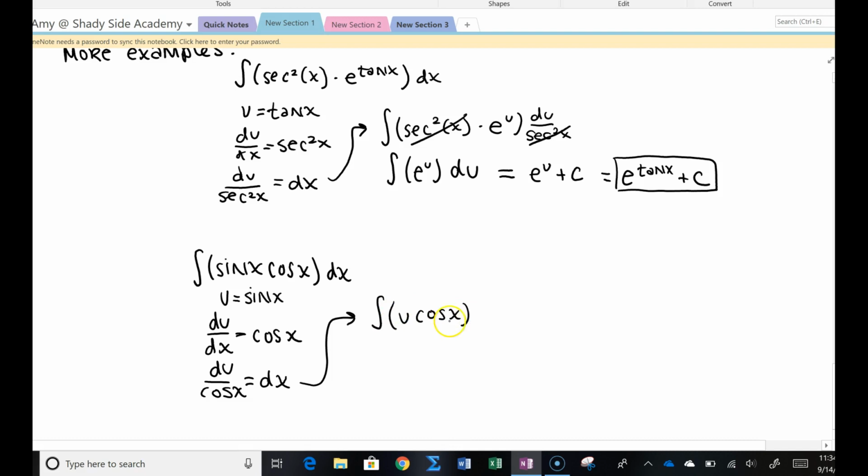What's the integral of x dx? Don't let the u throw you. The integral of u du is no different than the integral of x dx. It's one half u squared plus C.